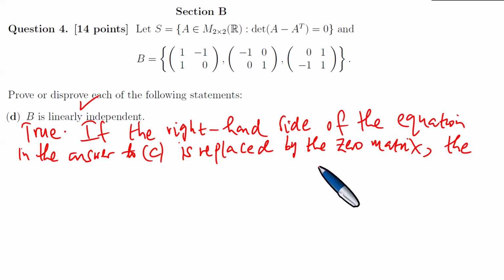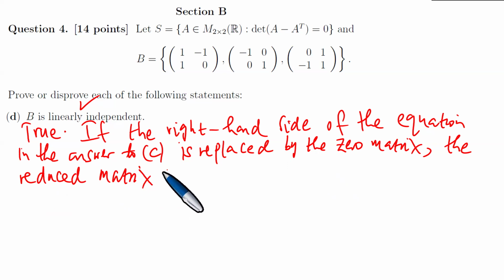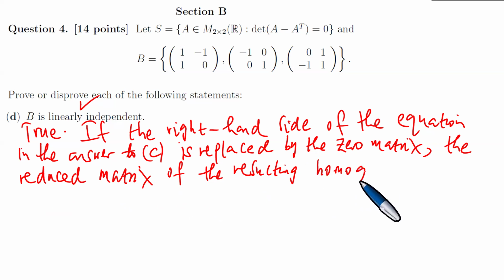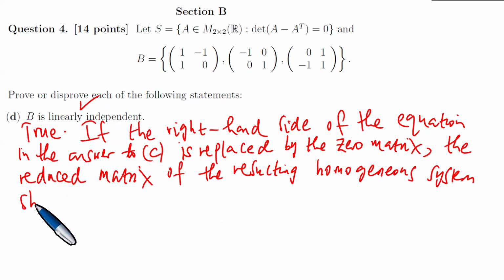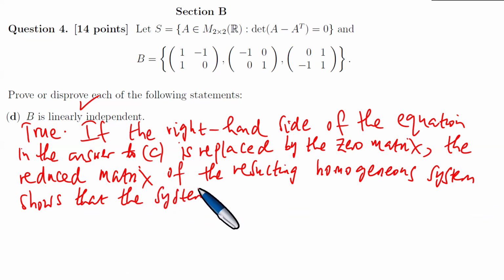The reduced matrix of the resulting homogeneous system shows that the system has a unique solution.